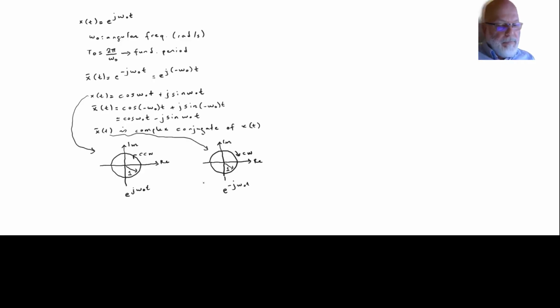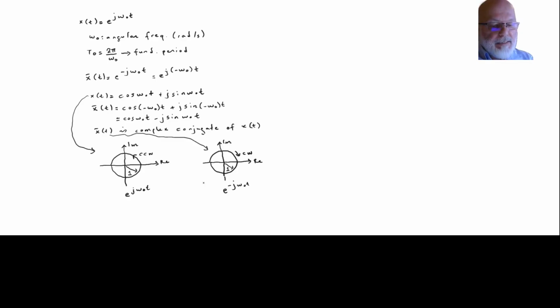Now, the negative frequency concept is quite important in the representation of real valued signals, because we will see that for the representation of real valued signals, we need the negative frequency concept.